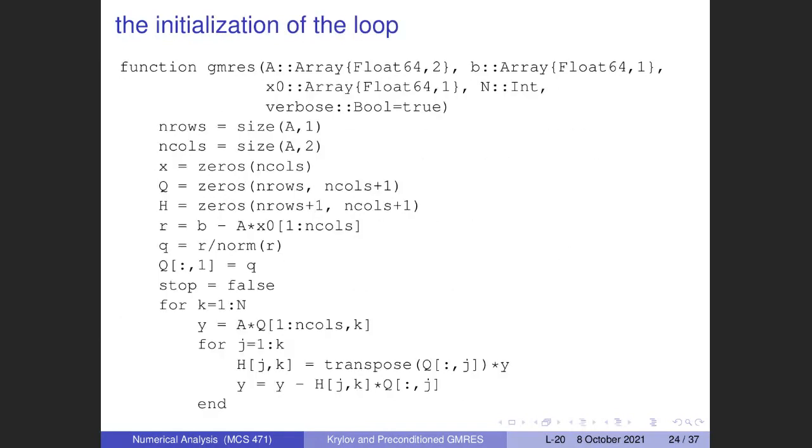All right, the algorithm is a little bit more involved as we need to initialize our matrices. So we have the Q matrix and the upper Hessenberg matrix. We compute the residual. Here you see that we have defined the number of rows and the number of columns. So this Julia function is more general than the pseudocode.